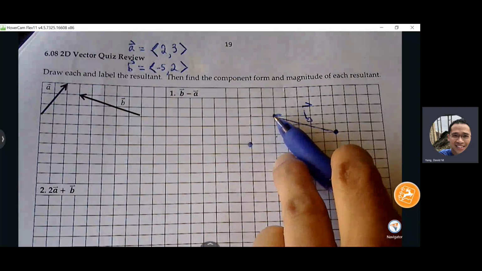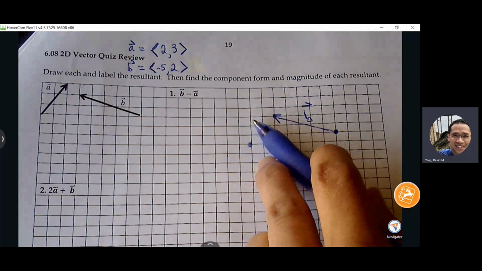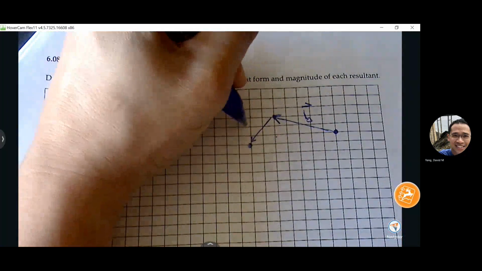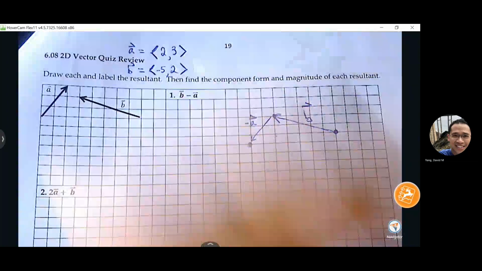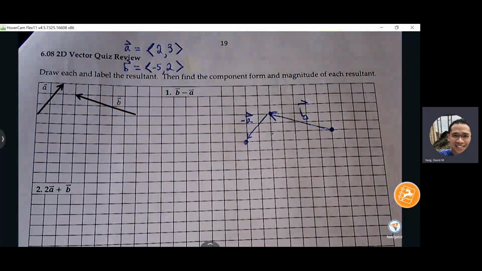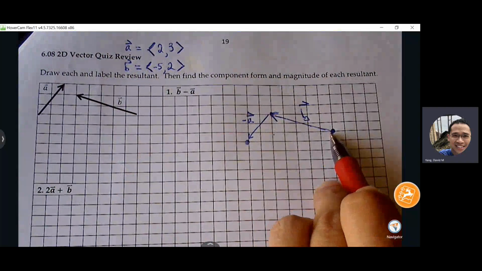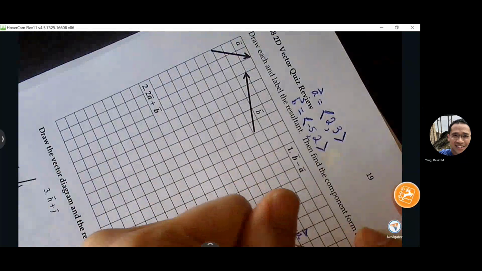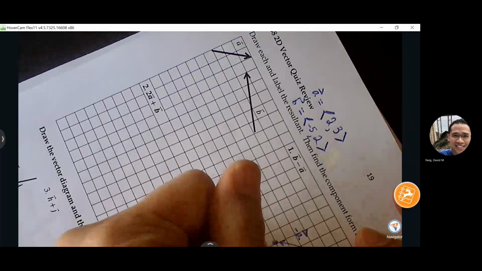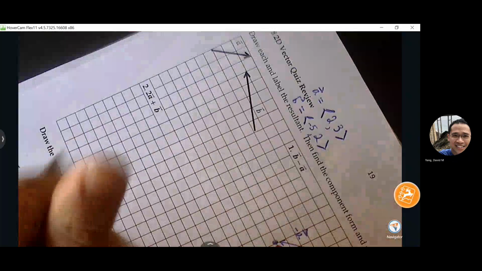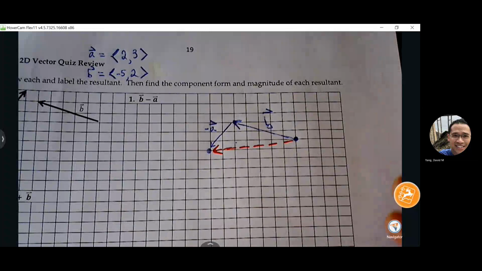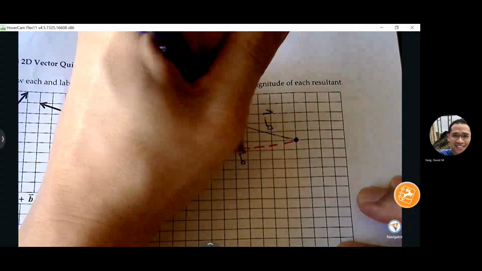And then from here, you're going to count negative A. So left 2 down 3. So your resultant vector just starts at the very beginning and ends where you ended up at the very end. So this is vector B minus A.